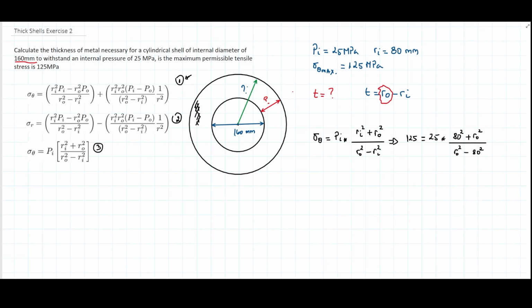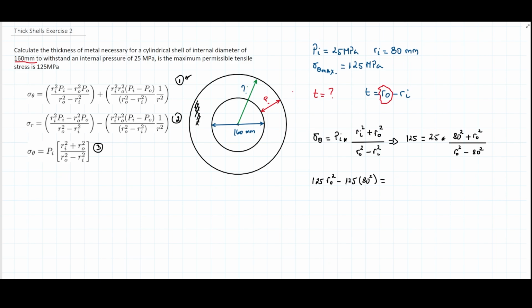I'm going to multiply this denominator by this 125, and I'm going to keep things simple. If I multiply this whole thing by the 125, I get 125 times RO squared minus 125 times 80 squared. I'm not going to substitute any value yet, for convenience at the end. We're going to see why.